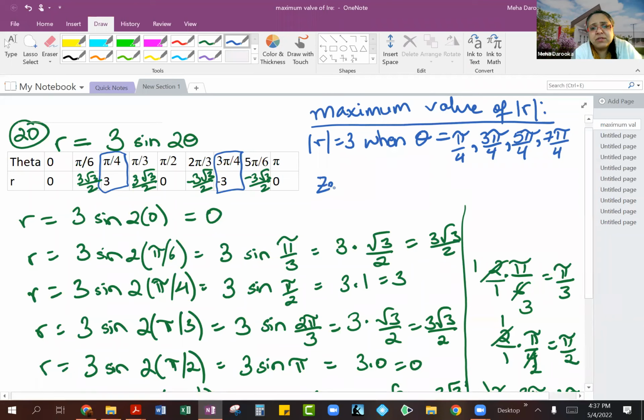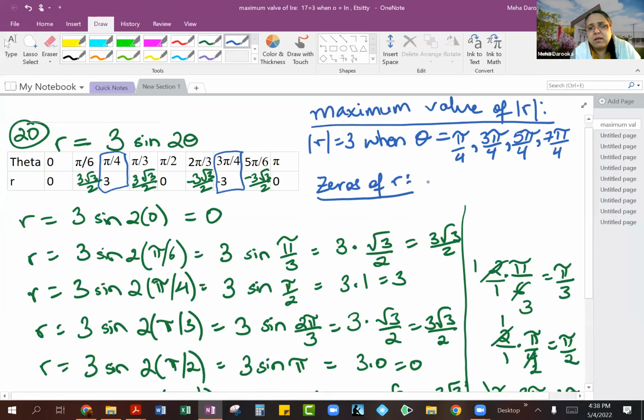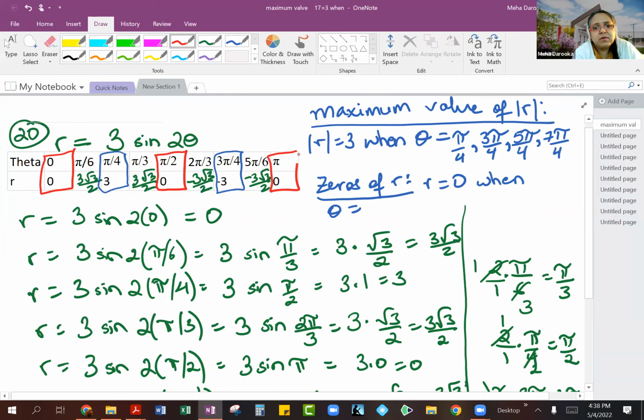Now for the zeros of R. For this one, you can see we have 0, 0, and zeros over here. So that would be for, of course, angle 0, and then pi/2, pi.